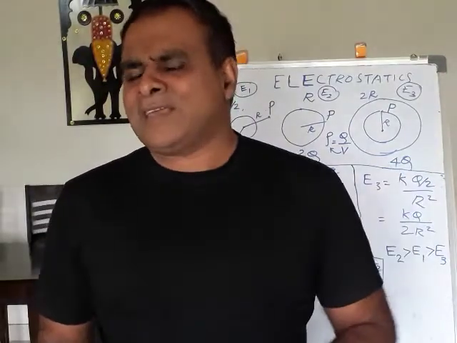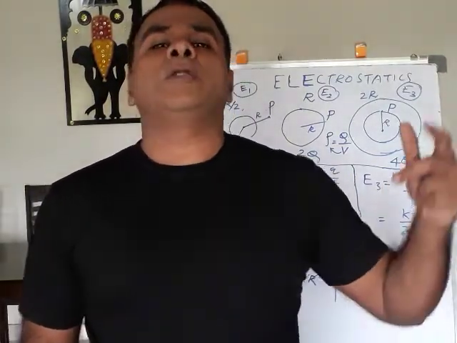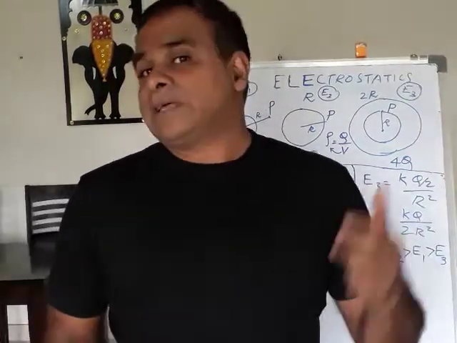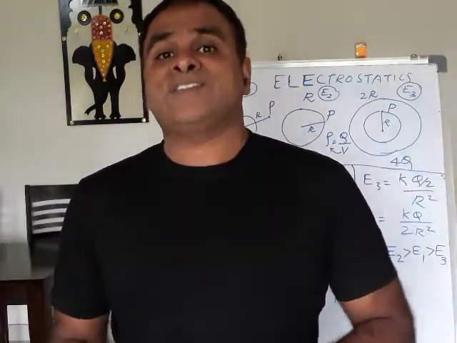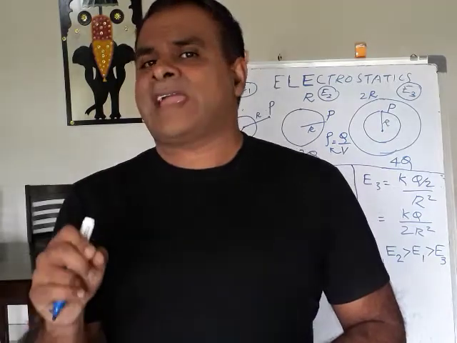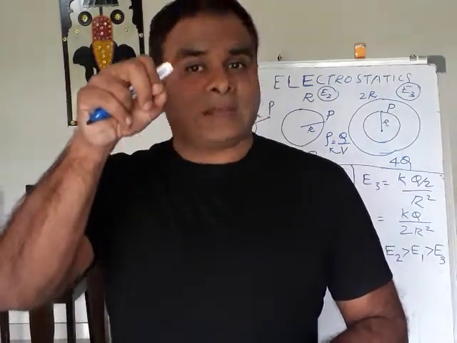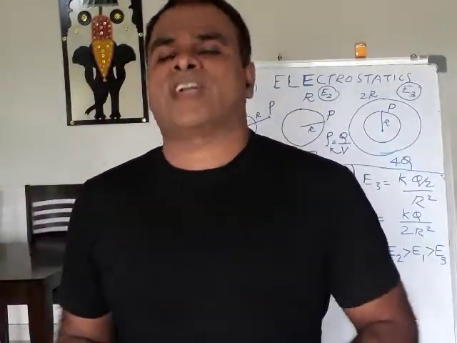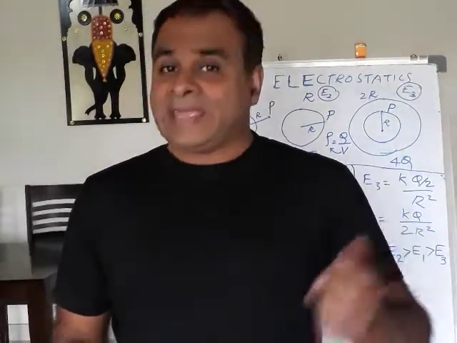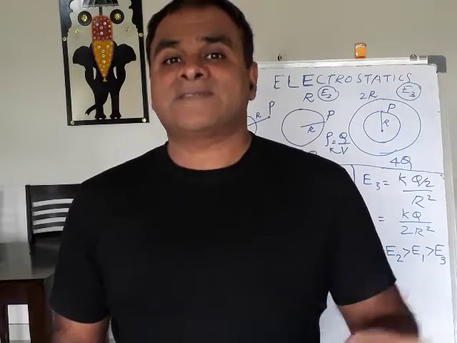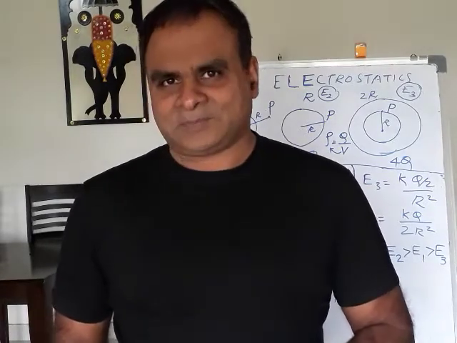So its behavior is different from conductors. The electric field inside a conductor is zero, but in the case of a dielectric it's not zero; it decreases as you go inside. Examples of dielectrics are mica and glass.